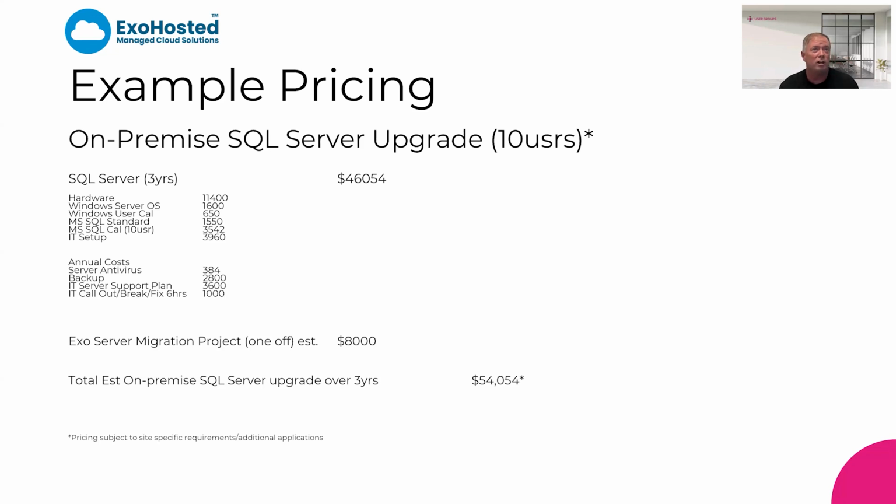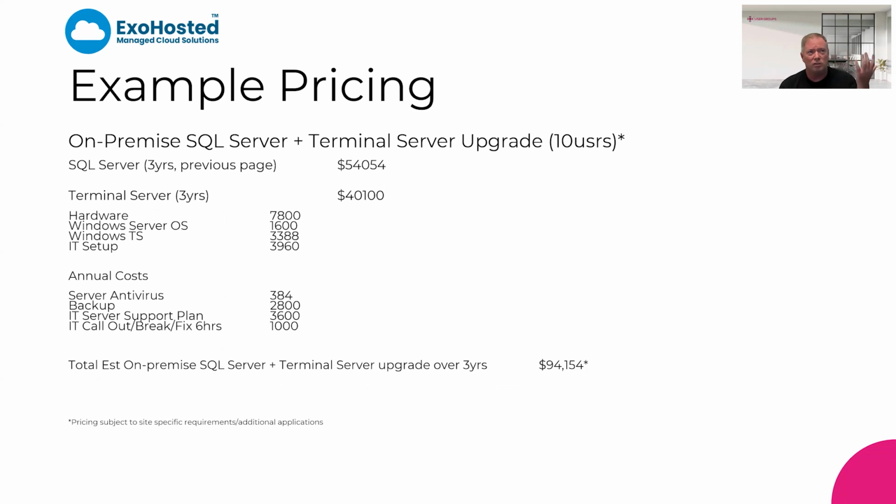But of course, if that site had a terminal server and you've got to upgrade that at the same time, you've obviously got the hardware costs, you've got setup costs, operating systems, then the annual costs of running them, plus potentially some call outs if there was an issue sometime over those 3 years. And you end up at a rough total of, let's say, anywhere between 80 and 100,000, just to upgrade something that's on premise in your office.